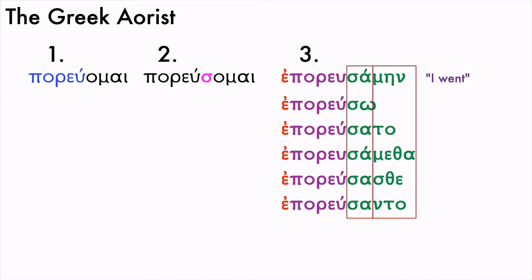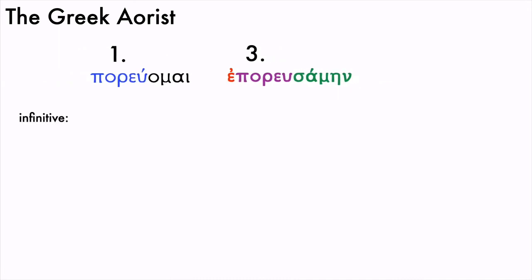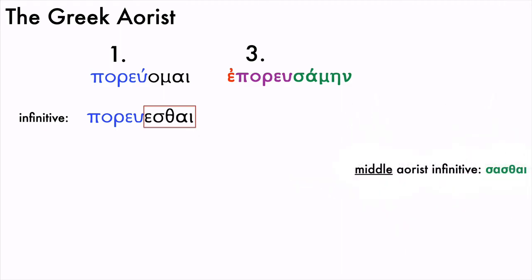Now, the next thing to do will be to put this verb in the infinitive. If you recall, the form of the present infinitive in the middle and passive was esthai. That was the ending. Not ain, but esthai. The middle aorist ending for the aorist infinitive will be sasthai.